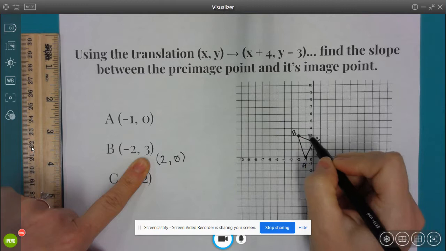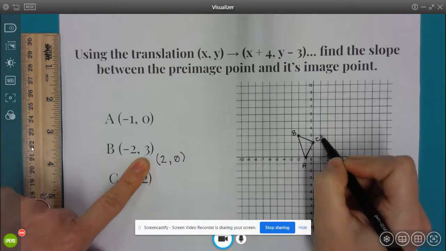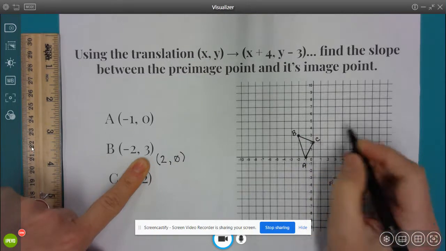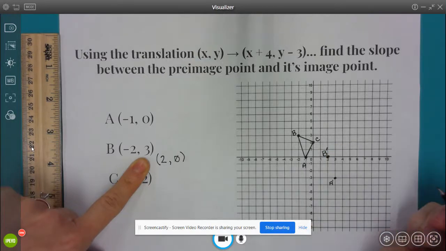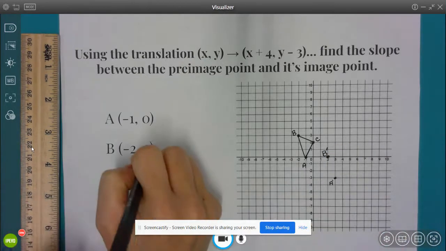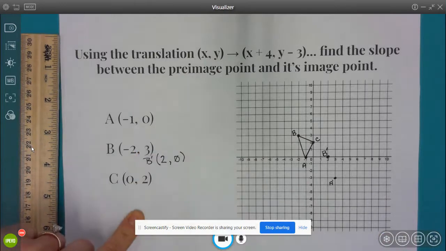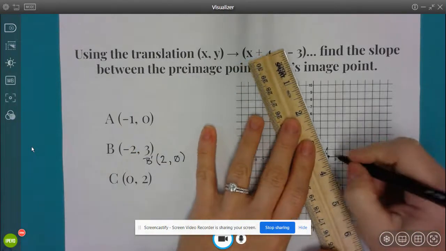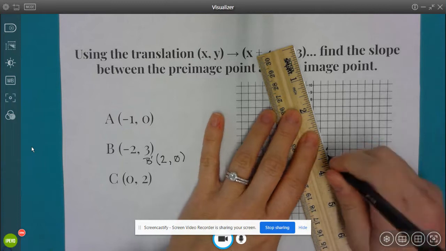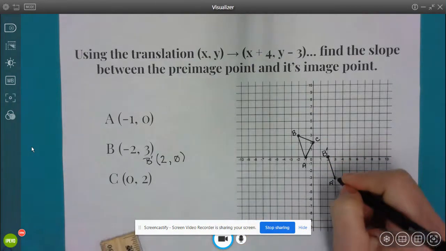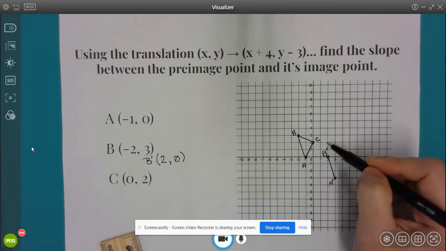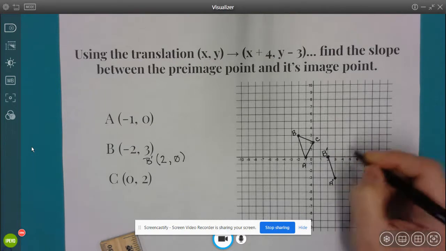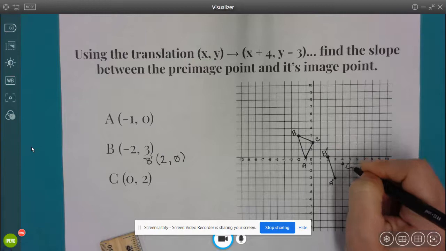So if I was doing this by hand, I would have 1, 2, 3, 4, down 1, 2, 3, which is B prime, which I got here. And I'm going to just start connecting these. Same thing again. 1, 2, 3, 4, 1, 2, 3. Here is C prime.